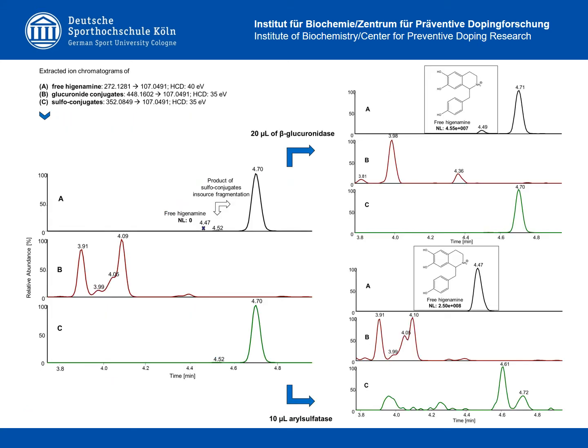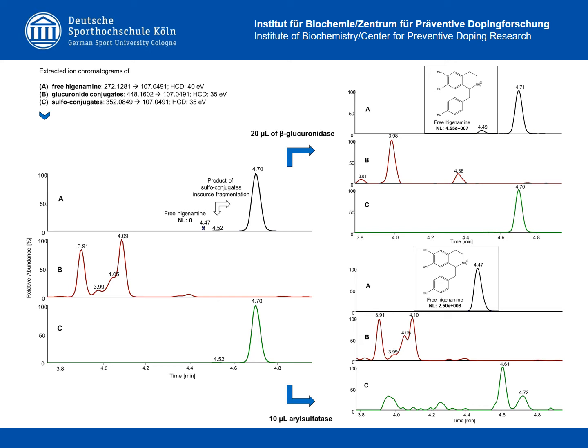We have here the results of the hydrolysis experiments, and we can observe extracted ion chromatograms of free Higenamine, letter A, glucuronide conjugates, letter B, and sulfate conjugates, letter C. On the left side, we have a sample in which the hydrolysis was not performed yet. We can observe zero free Higenamine in letter A, and we have a product of sulfate conjugates in soft fragmentation in letter A2.